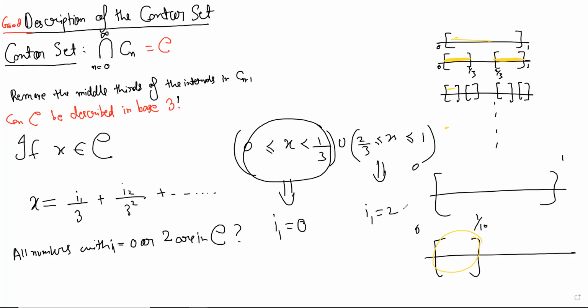I is either 0 or 2. It is not 1. These numbers are not there. So 0 or 2 is possible, right?